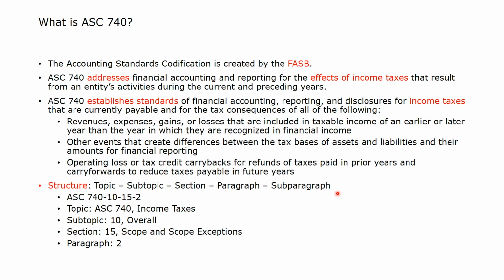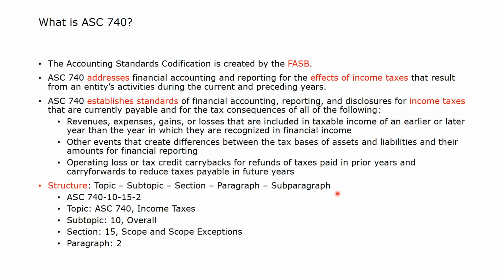It goes topic, subtopic, section, paragraph, subparagraph. A lot of people get the last three confused, where it's paragraph, subparagraph, and then section, or section, subsection. So we want to keep in mind the structure: topic, subtopic, section, paragraph, subparagraph.